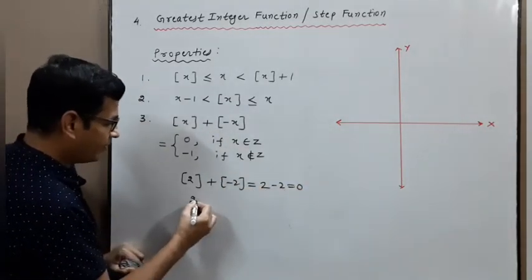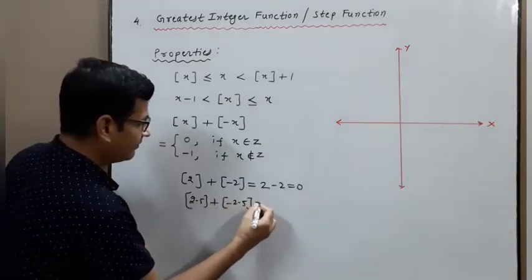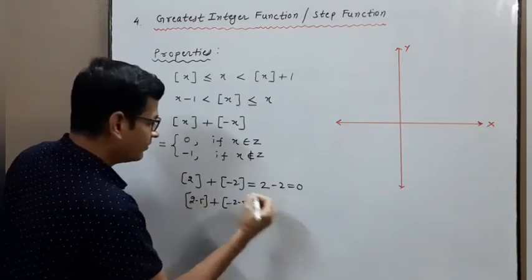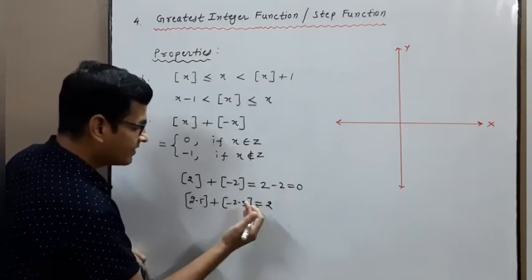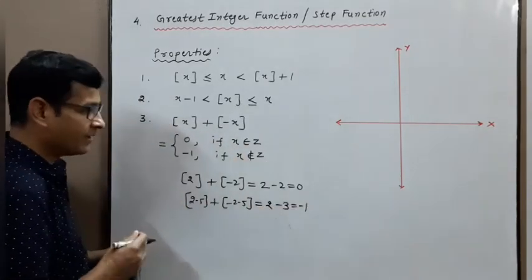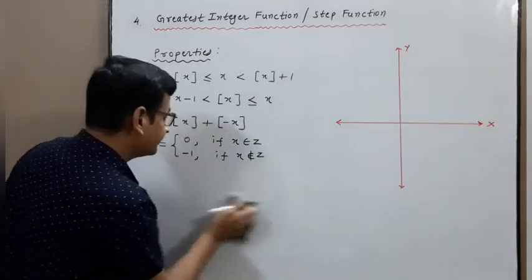If we take 2.5 plus minus 2.5, 2.5 gives 2, and for minus 2.5, just left of this means minus 3, so minus 1. So these are very important results.